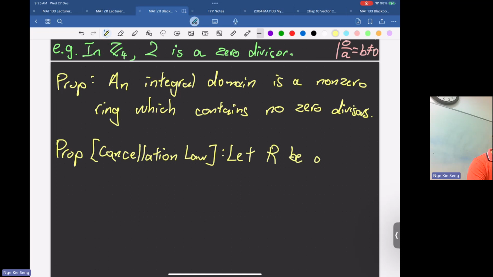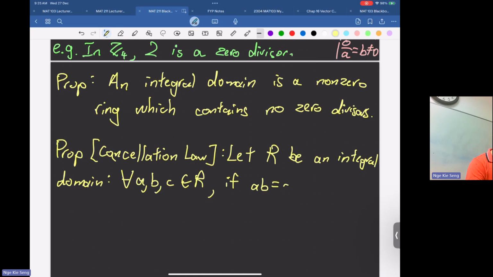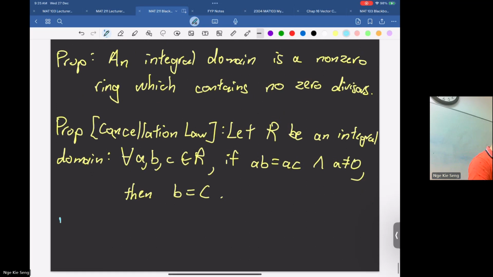So let R be an integral domain, and take three elements in your integral domain. Suppose that AB equals AC and A is not 0. Then B equals C. Can you think for a moment how to prove this?